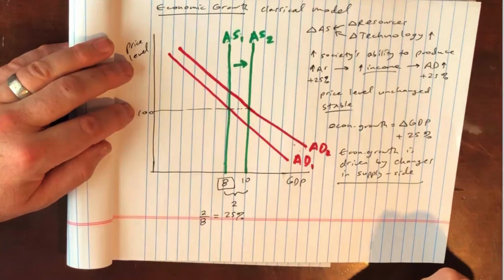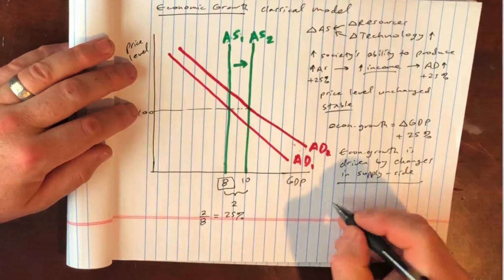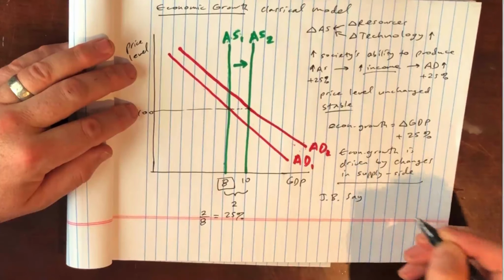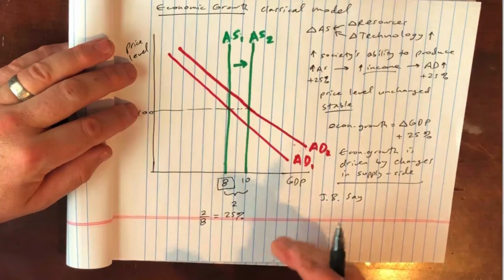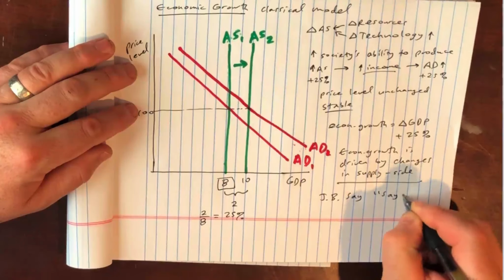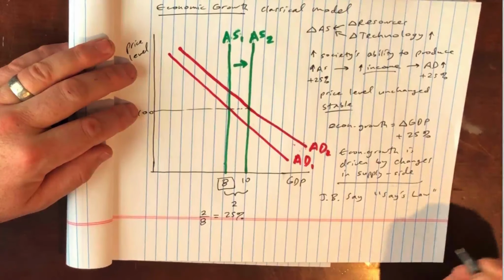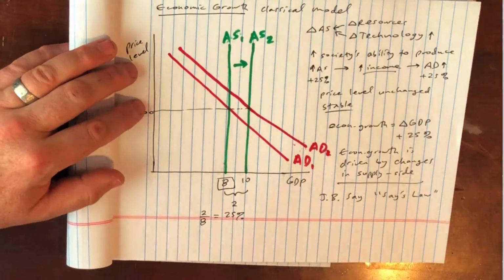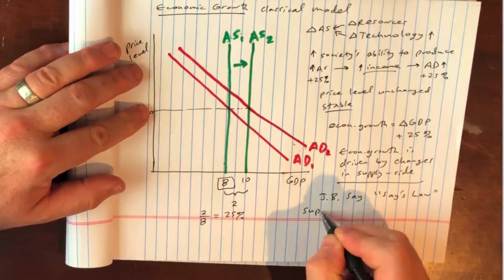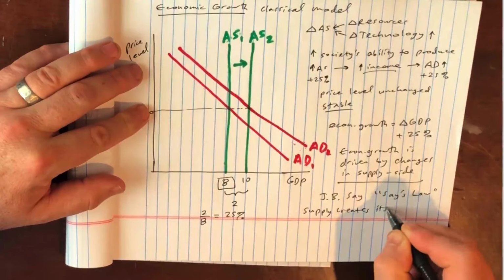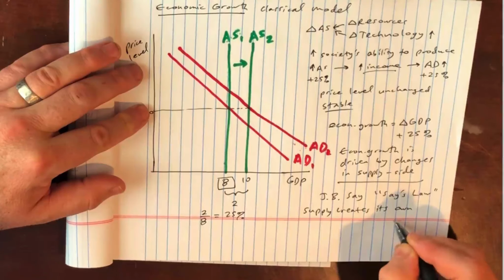And this idea was summarized by a French economist whose name was Jean-Baptiste Say. And this whole thing that I just described is generally known as Say's law. Say's law has a kind of tagline summary, which is: supply creates its own demand.